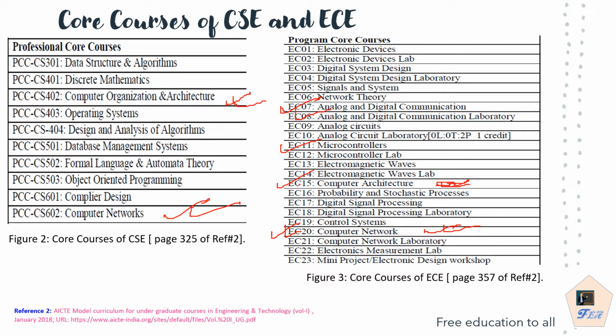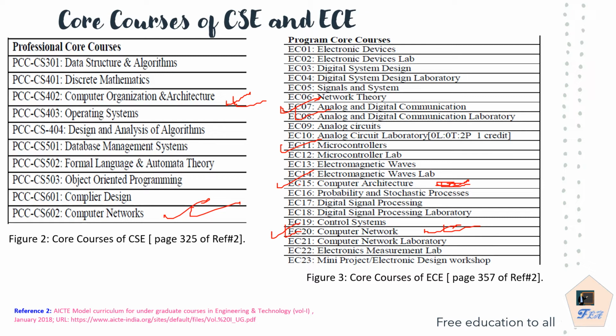So now, other than this computer network, you may find program elective or open elective like mobile communication, cloud computing, IoT. So these subjects are also taught in ECE and some universities in CSE as well.